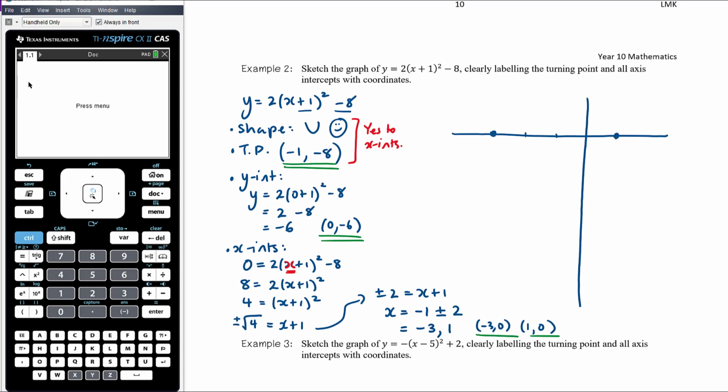You've got 2 points on the same axis, so they need to be appropriately scaled. So those are going to be my two x-intercepts there. My turning point is at negative 1, negative 8, which is halfway between those two x-intercepts, and then my y-intercept is at negative 6. So if I've put negative 8 here, that's negative 4 there, negative 6 is going to hit somewhere about there. And I might also mark myself a symmetric point over here just to help me get the shape nice and symmetric.